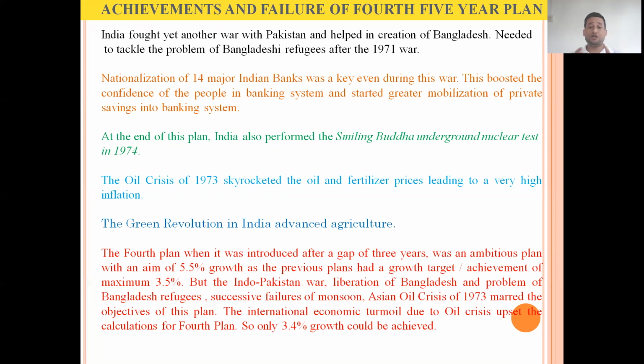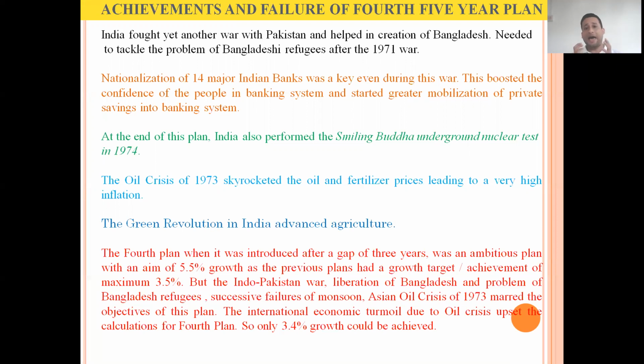But due to the Indo-Pakistan War, liberation of Bangladesh, the problem of Bangladesh refugees, successive failure of monsoon, and the Asian oil crisis of 1973, these are the challenges that were experienced by the Indian economy during the 4-5 year plan, and that is why the 4-5 year plan was not able to achieve the targeted growth rate.